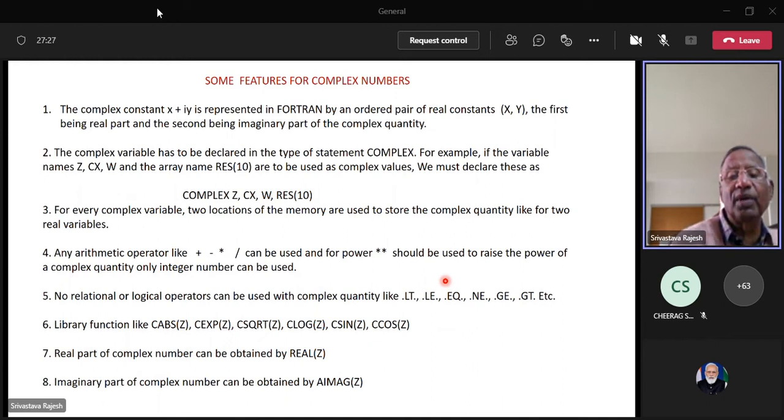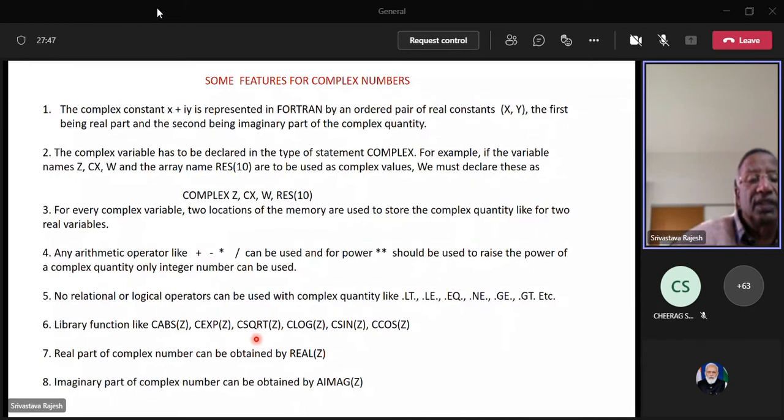Maybe their real parts are equal, maybe their imaginary parts are equal. So never use it. If you do this, the computer should say that you are not allowed to use it, but if you do it, it's wrong.